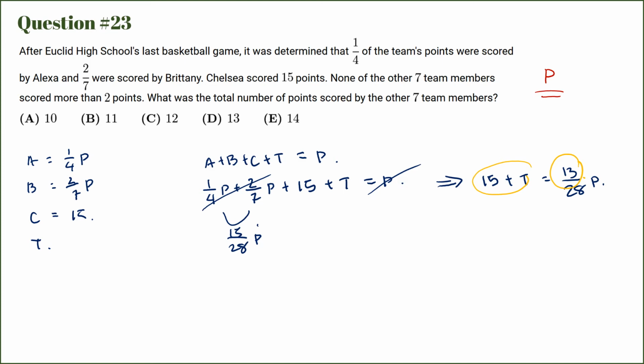So if we can find a value of 15 plus T that is a multiple of 13, then we know the total number of points scored.